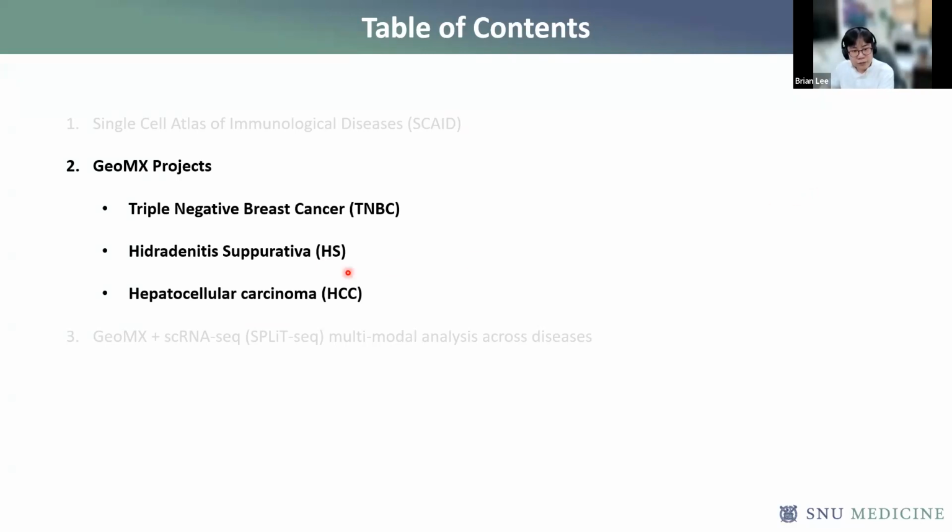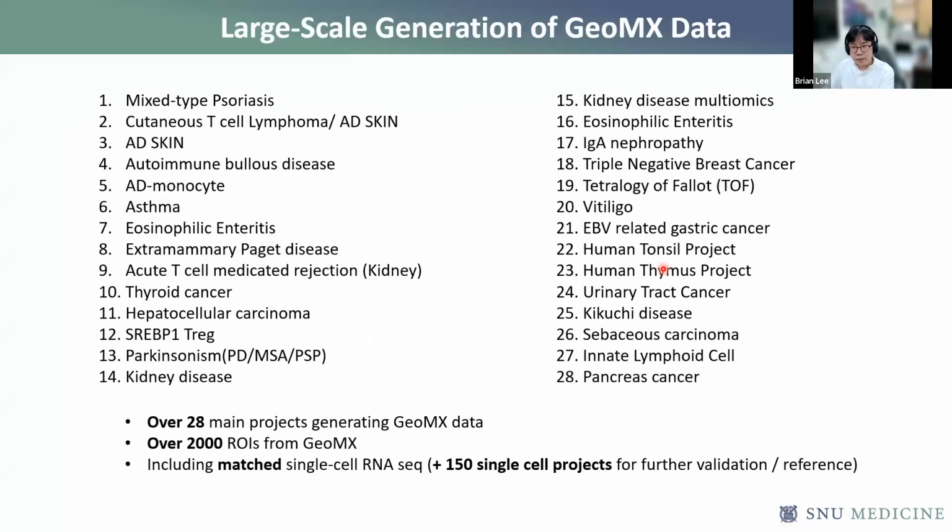And just a few of these are triple negative breast cancer, hidradenitis suppurativa, and hepatocellular carcinoma. And so our group right now, using the GeoMx platform, has over 28 main projects generating GeoMx data, where we've collected over 2,000 ROIs from the GeoMx platform. And we also have included matched single-cell RNA-seq data sets from the same patients, and additionally from other projects for further validation and for reference.